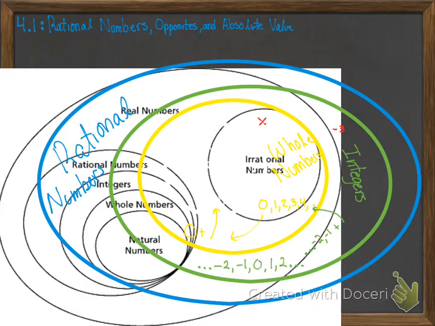So if you look in the bottom left-hand corner over here, that's the whole circle, the ones that I made, the white, yellow, green, and blue circles, natural, whole, integers, and rational numbers, that's all there, okay? And so all of these, it kind of looks like ripples in a pond. This whole section, rational numbers, fits into a group of numbers called real numbers. And in the group of real numbers, you have our rational numbers, and those are the numbers we're going to talk about.